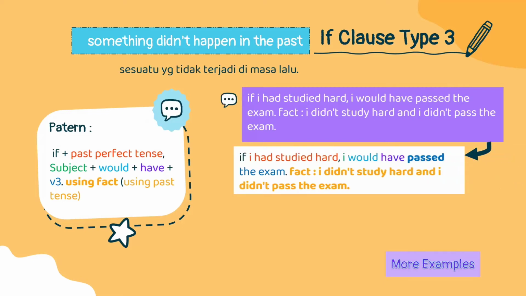Okay, pembahasannya. If I had studied hard, past perfect tense. I is subject, would is would, have is have, pass the exam, verb 3, pass. Fact, I didn't study hard and I didn't pass the exam.